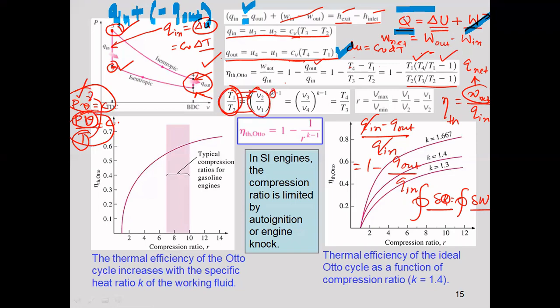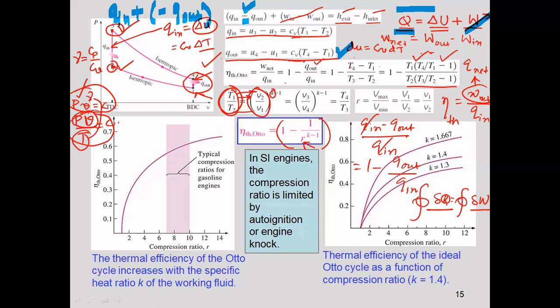Sorry, I have used gamma, and here they are using K. K means basically same as gamma, so basically the ratio of specific heats Cp by Cv. Okay, and finally you will get the efficiency as 1 minus 1 by R to the power K minus 1, or gamma minus 1, where R is basically the volumetric compression ratio.